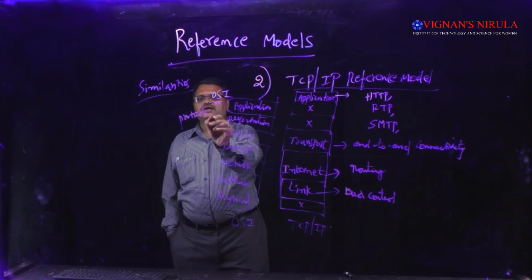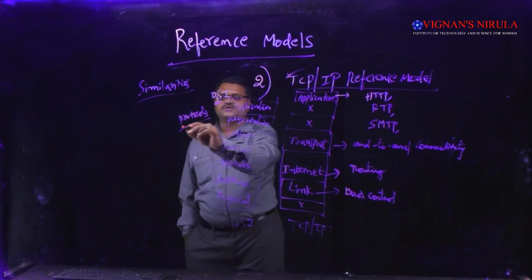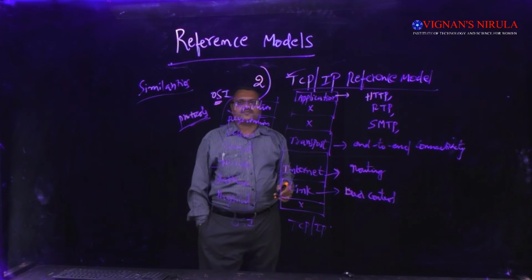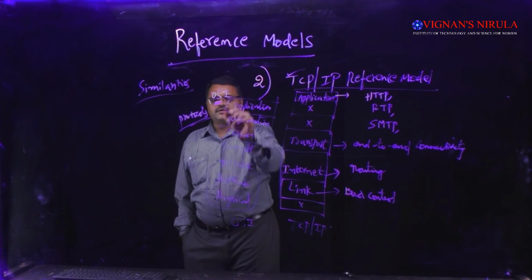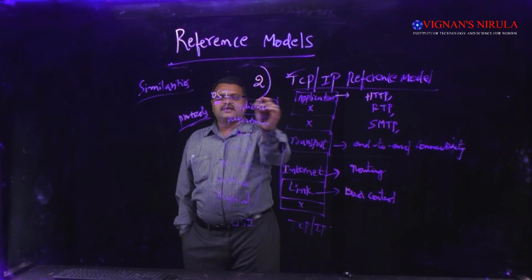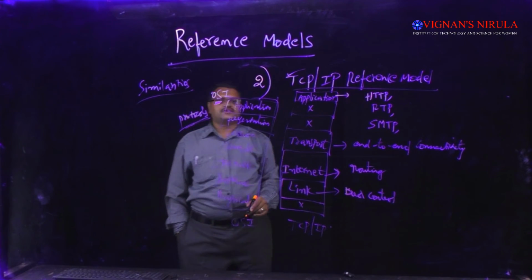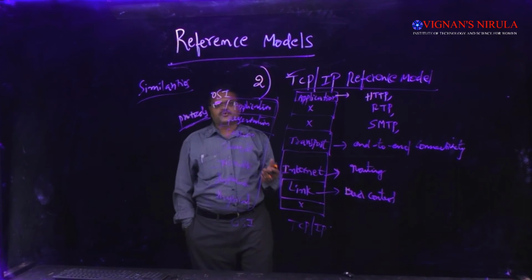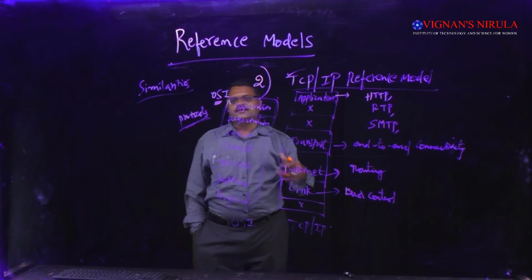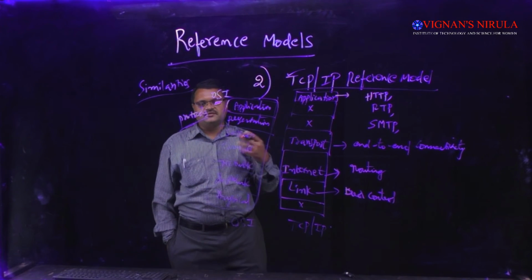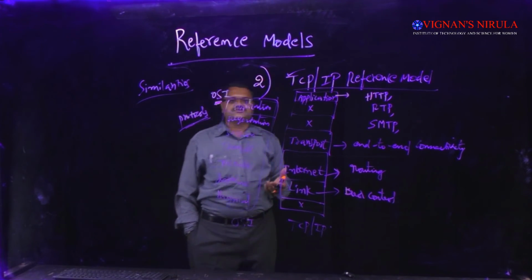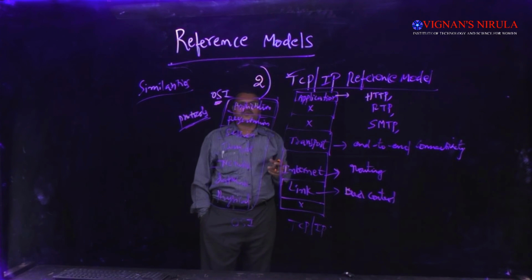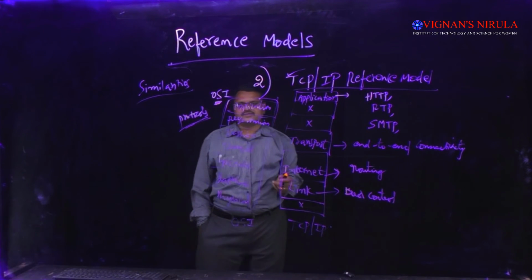In TCP/IP, first the protocols were developed, then the TCP/IP reference model. Whereas for OSI, the model was developed first, then the protocols were developed later on. So that is one of the differences between TCP/IP and OSI.